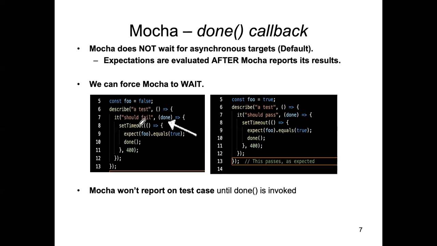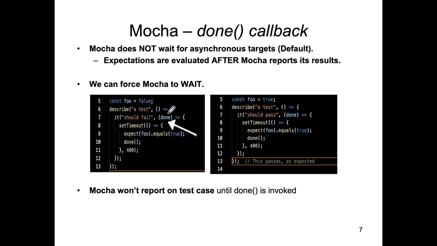And this is how we do it here. The callback function that you pass to the it block can receive an argument, and this argument is actually supplied by Mocha itself. It doesn't really matter what you call the argument, but the convention is to call the argument done.